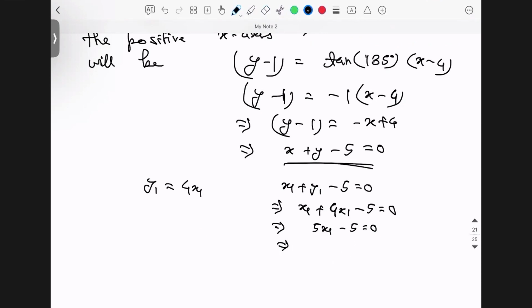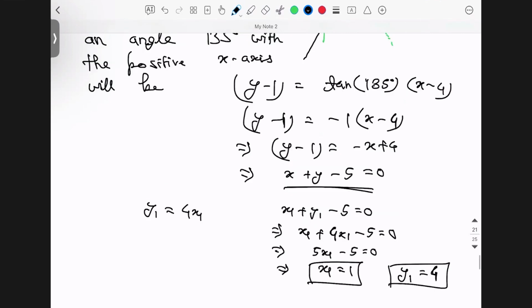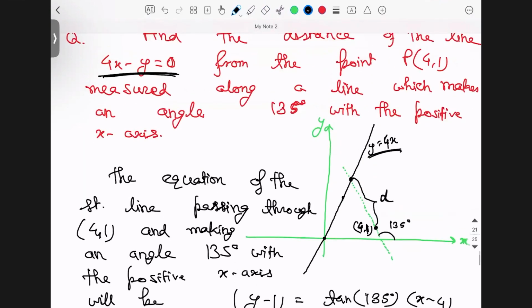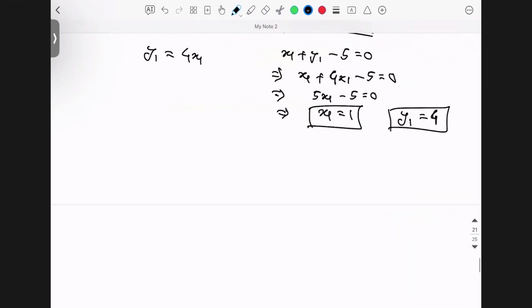Ultimately we get x1 equals 1. Now using this, we get y1 equals 4. So we obtain the coordinates of this point, which is (1, 4). Now we have the coordinates of the end point of this line segment, so we can find its length using the distance formula.